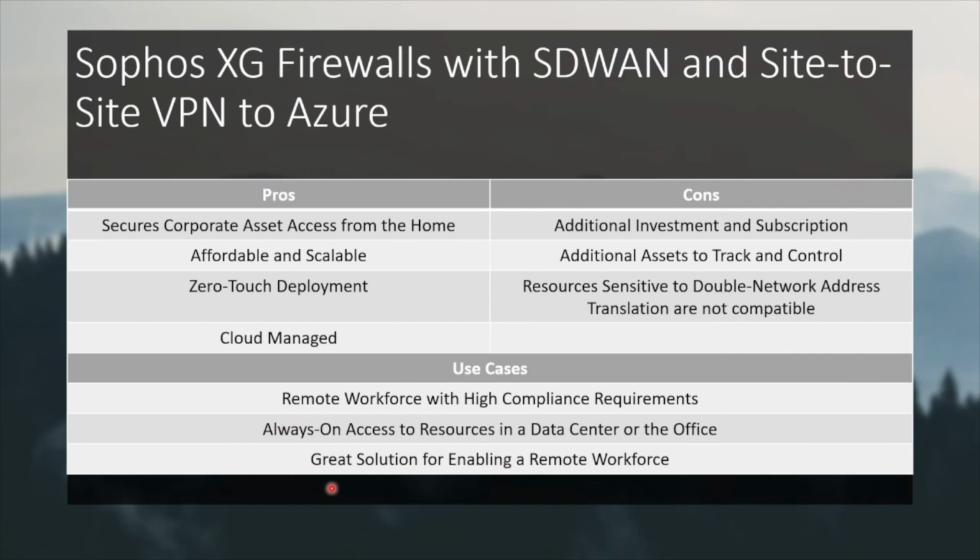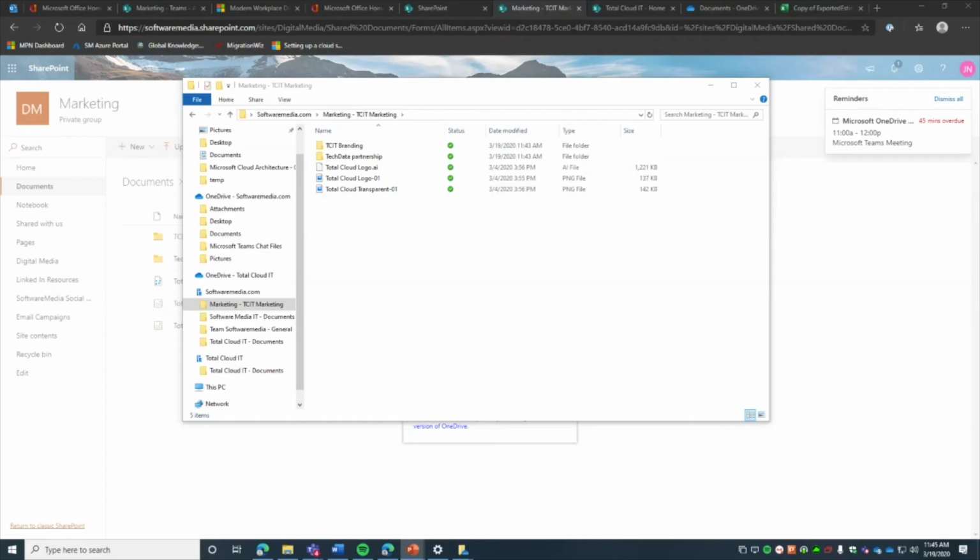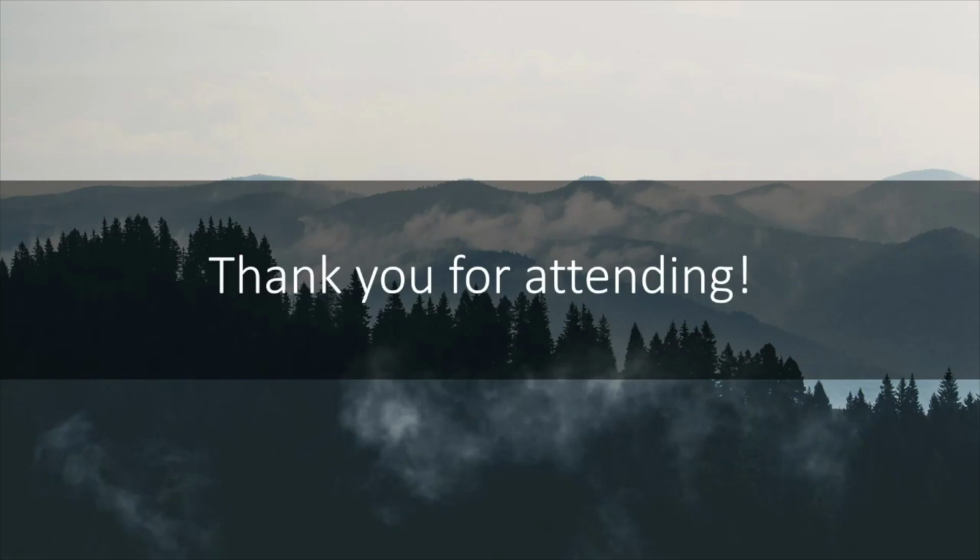So it's great. Again, to reiterate, it's a great solution for enabling a fully remote workforce, especially in the circumstances that we're in today. So that kind of does cover all three of our options. You've got your direct site-to-site VPN into Azure or into AWS, whatever flavor of cloud you like.